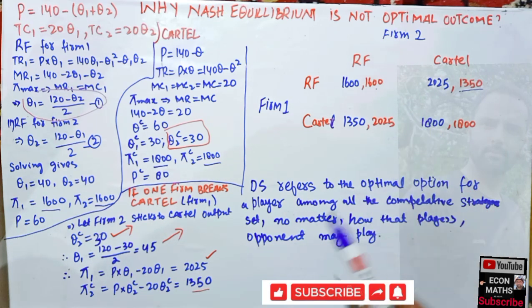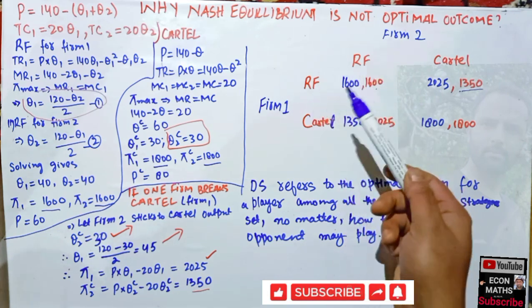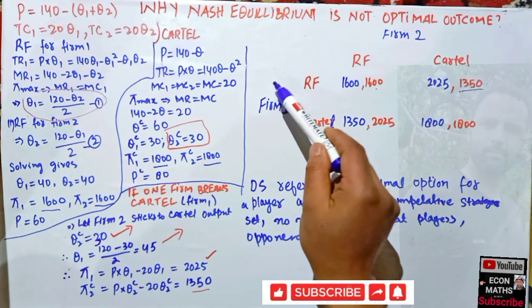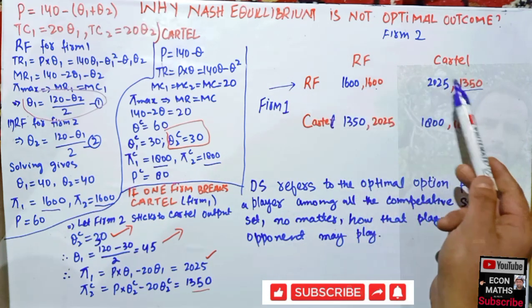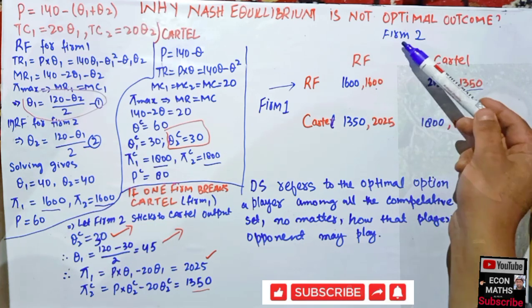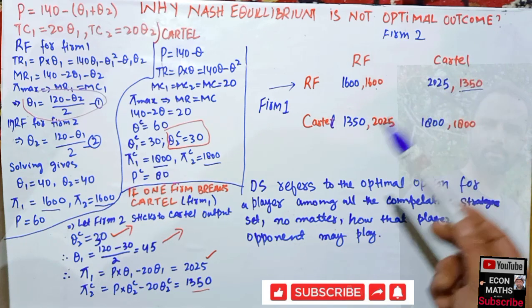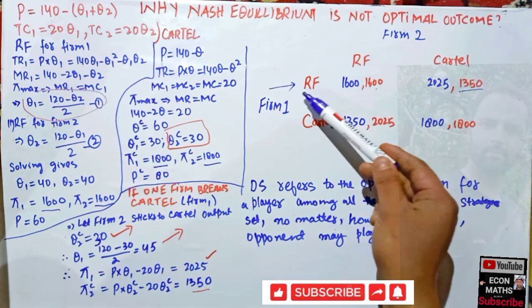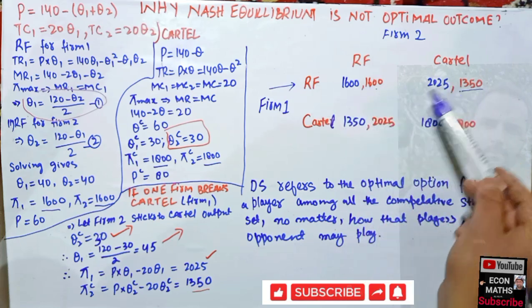So it refers to the optimal option for a player among all the competitive strategies, no matter how that player's opponent may play. Here, we can see firm 1 will always choose to play according to the reaction function, no matter what firm 2 chooses. Whether firm 2 plays according to the reaction function or according to the cartel, firm 1 will always choose the reaction function, because this first row dominates the second row.